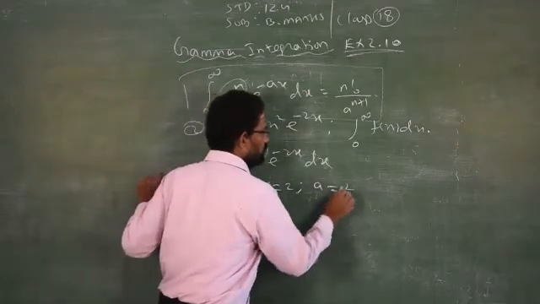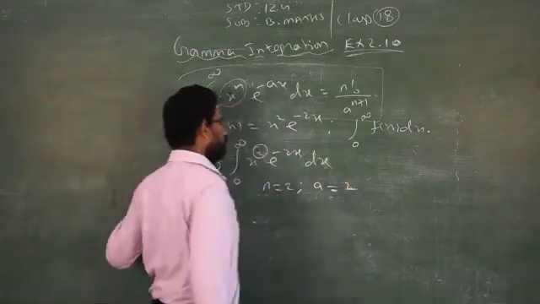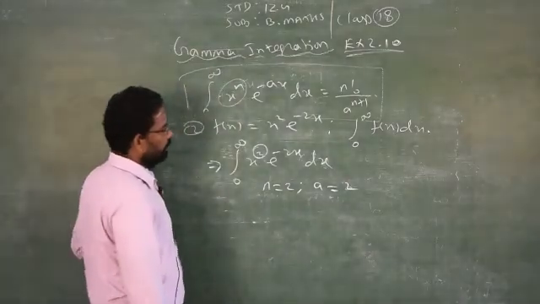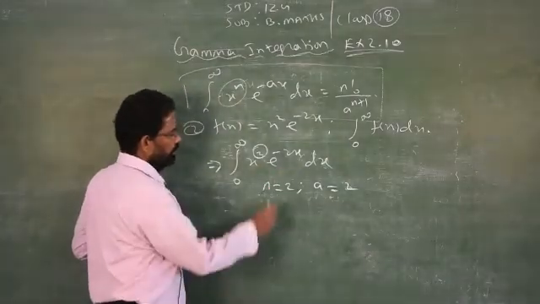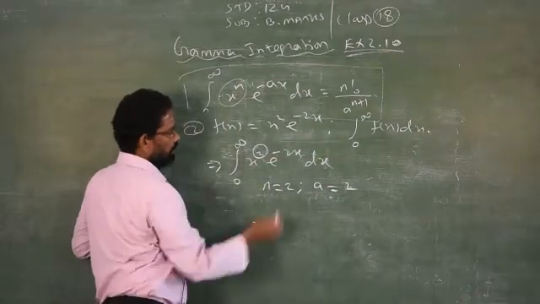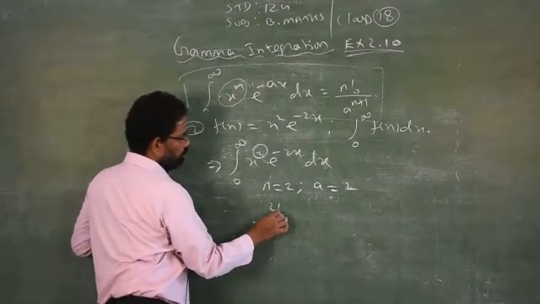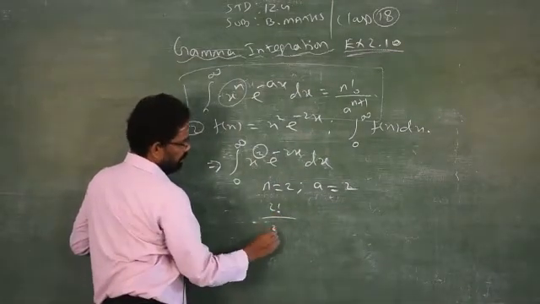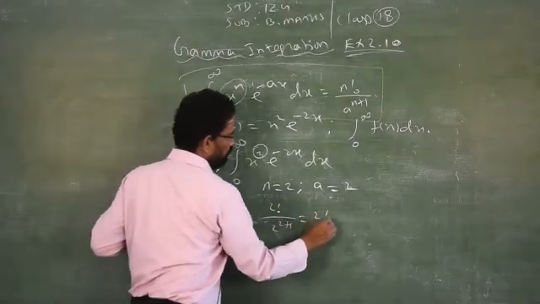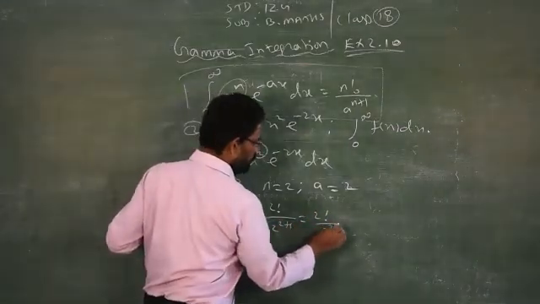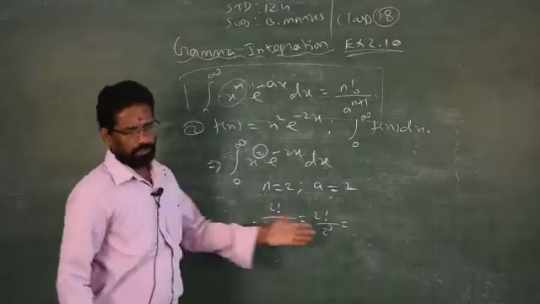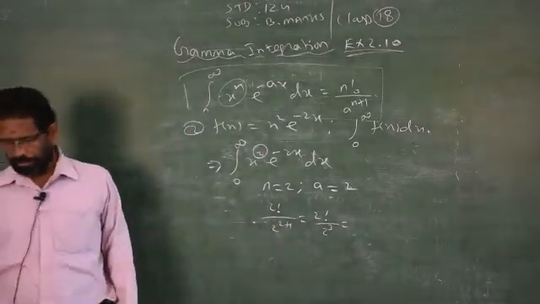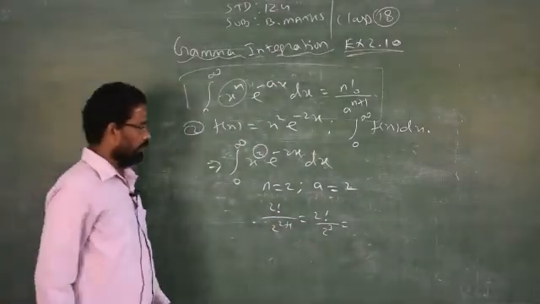I told you, always take only the positive value of the exponential format, though it is given as minus. Apply this formula, you will get 2 factorial by 2 power 2 plus 1, 2 factorial by 2 power 3. Just expand it, you will get the answer. Clear? Just simplify.